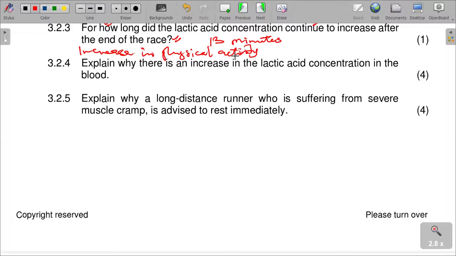There is an increase in lactic acid. An intense increase in physical activity leads to an increased rate of cellular respiration. That causes an accumulation of carbon dioxide and also a decrease in the level of available oxygen due to insufficient what? Due to insufficient ventilation.